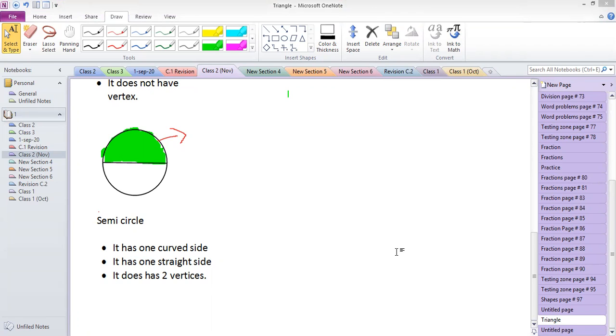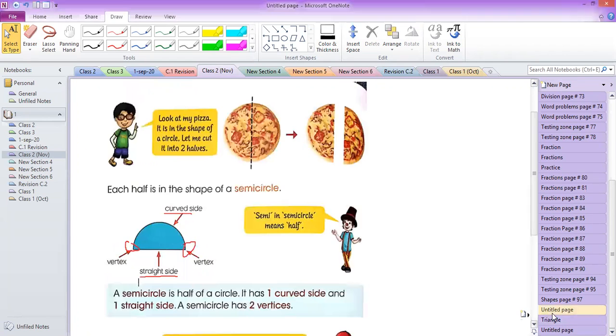There is a problem. What problem? You forgot to erase. It doesn't have two vertices. Yes, it has two vertices. Look here, Sharif. It has two vertices. This is one and this is two.